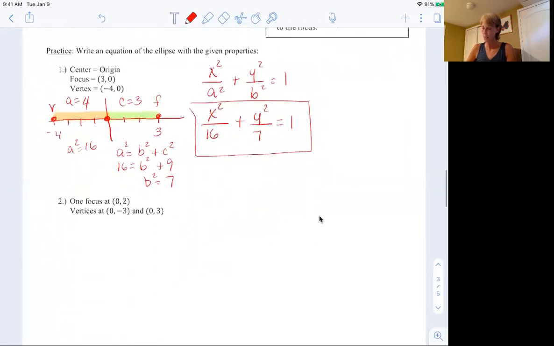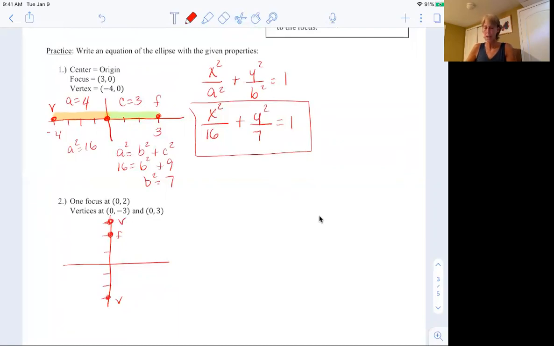This video might be running a little long, but we'll do one more problem. I have one focus at 0, 2, vertices at 0, negative 3, and 0, 3. Plot my given information. A focus at 0, 2, and vertices at 0, negative 3, and 0, 3.